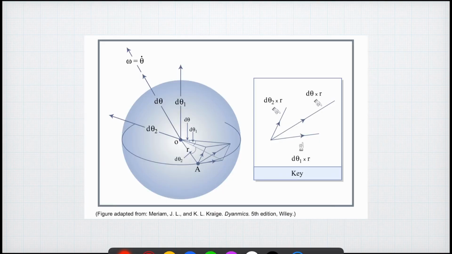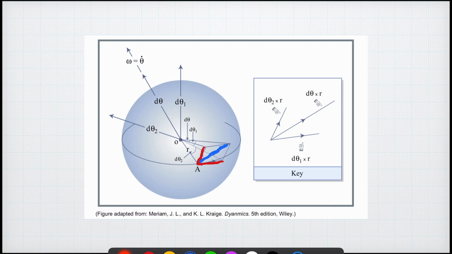For that also I'm going to take this diagram. Just pause the video, try to understand this diagram, and try to identify d theta 1, d theta 2 and d theta. Here I have d theta 1, let me draw it for you. This is d theta 1 and this one is d theta 2. The sum of these two is the resultant d theta.